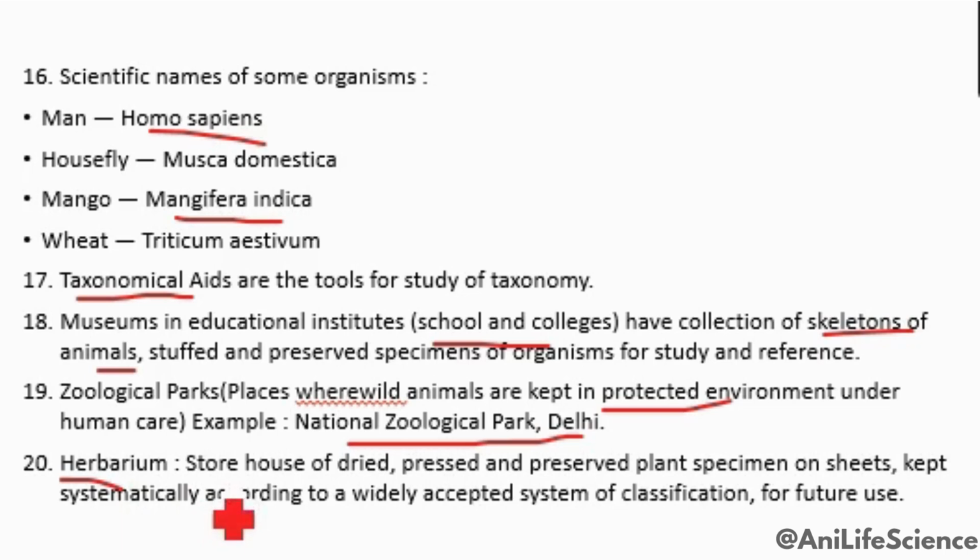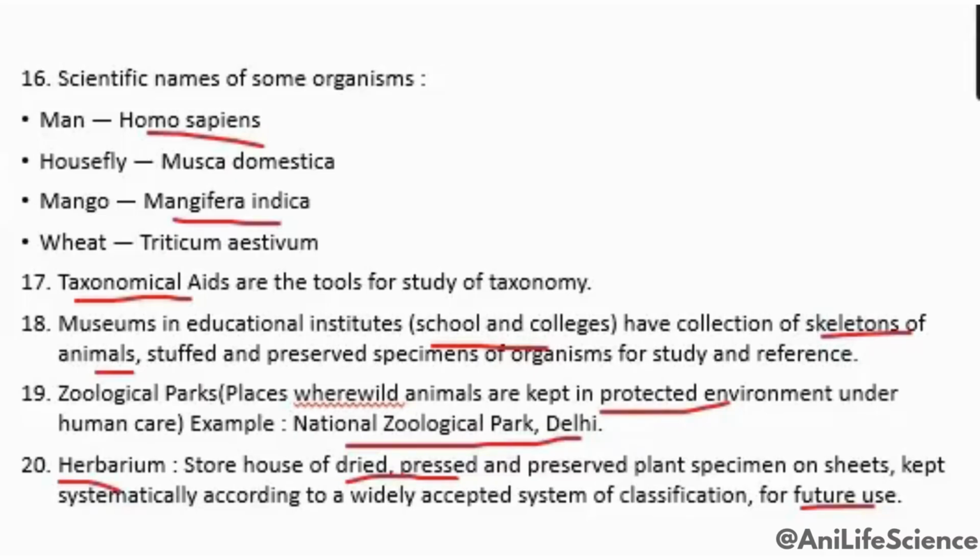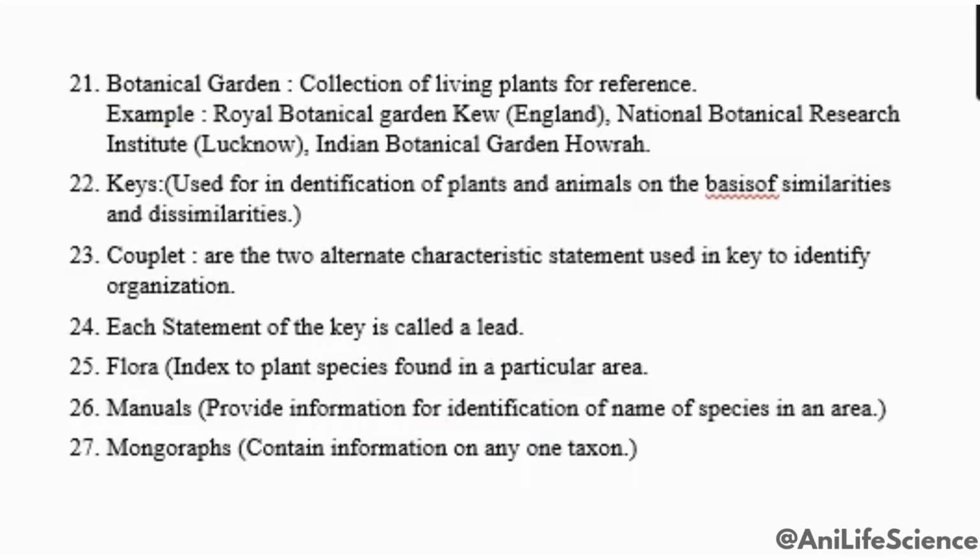Herbarium. Herbaria are collections of dried, pressed plant specimens stored on sheets for future reference. Next is botanical garden. Botanical gardens like the Indian Botanical Garden, Howrah, maintain collections of living plants for study.